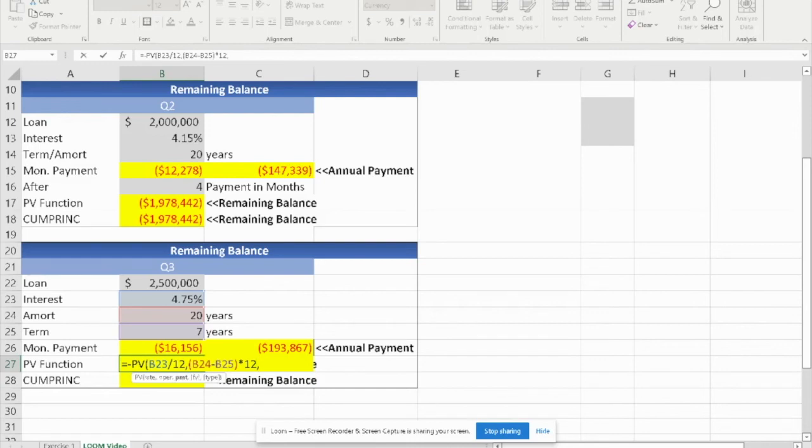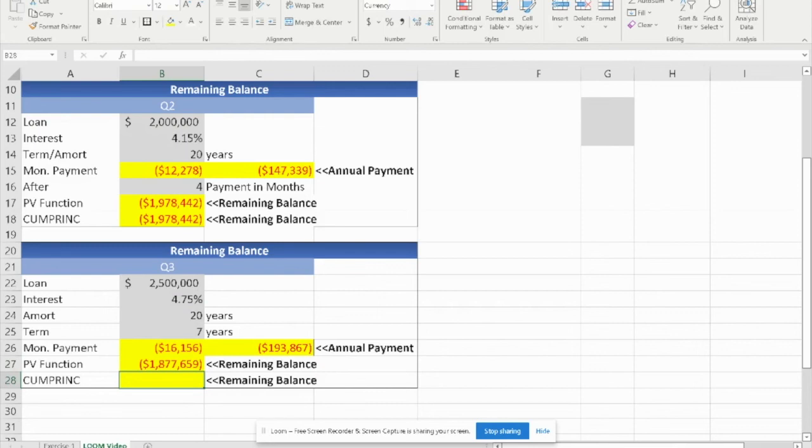Comma, the monthly payment, which we have here, and it's asking us for the future value, which should be zero if it's fully amortized. Your remaining balance should be 1.8 million and some change.